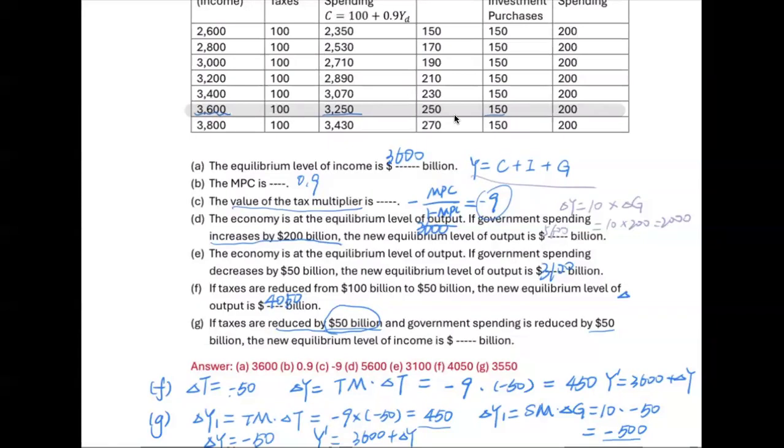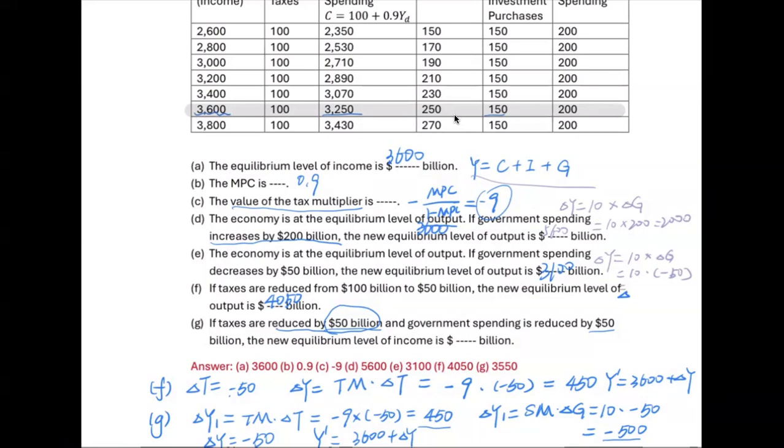For E, same logic. Delta Y equals 10 times delta G, right? And delta G is negative 50. So make sure you use the correct sign, because for question D, the government spending increases, but in question E, the government spending decreases.